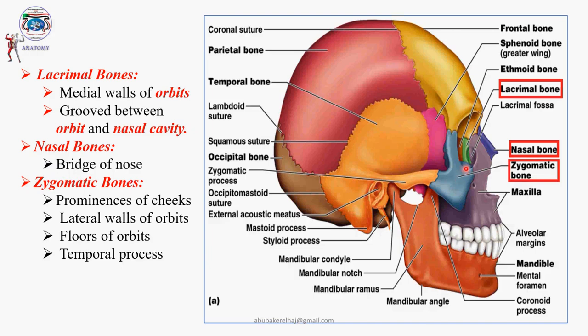Part of it also shares in the formation of the floor of the orbit, and also joins the zygomatic process of the temporal bone to form the zygomatic arch along the lateral aspect. That means we have two processes: here we have the frontal process, and here we have the temporal process of the zygomatic bone.